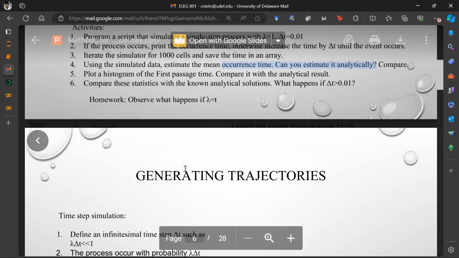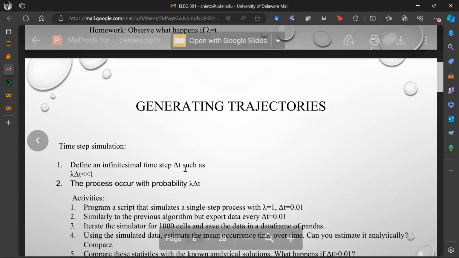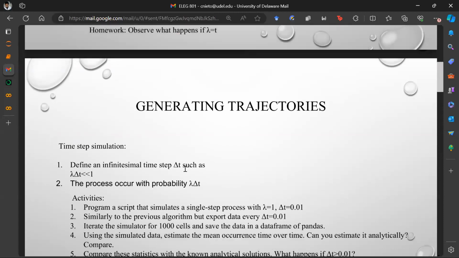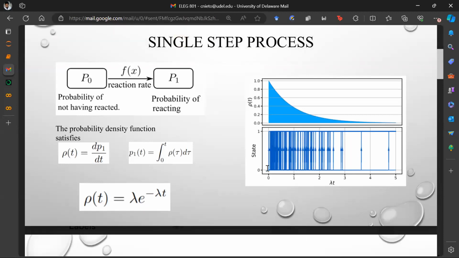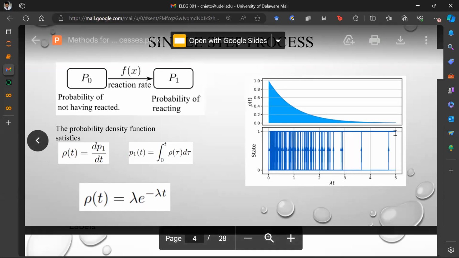We keep going. Now we're going to generate trajectories. So what do we need? I want to produce this kind of trajectories that start from 0 and plot every delta t, and then increase, and then stay at 1.